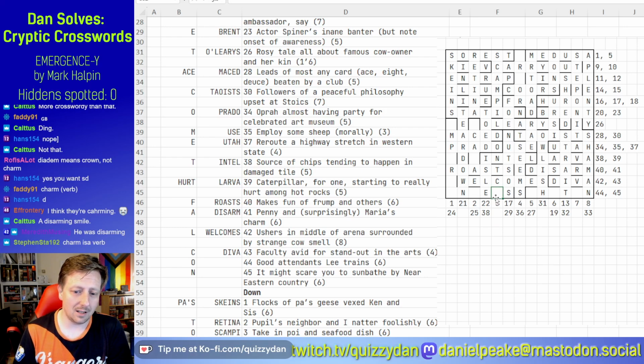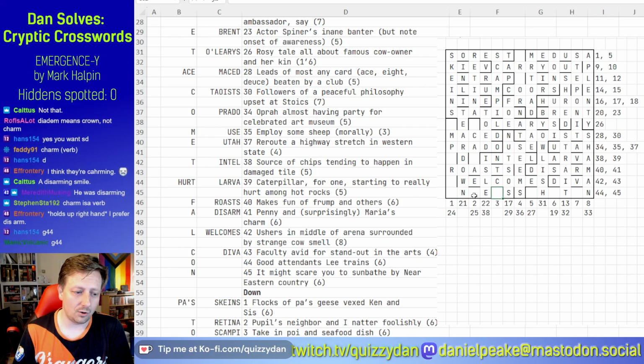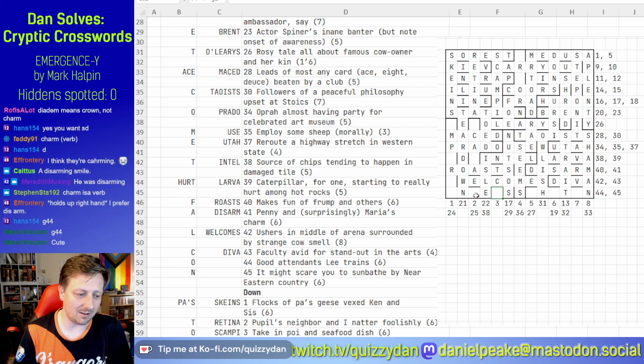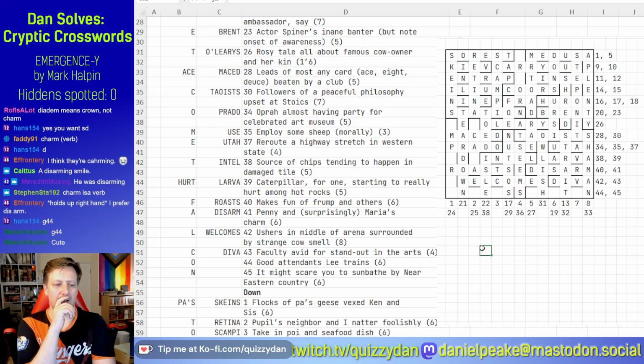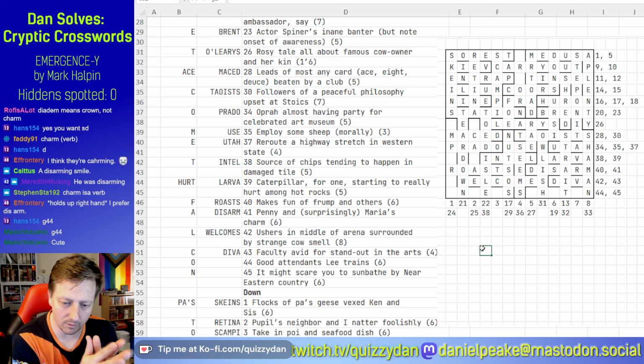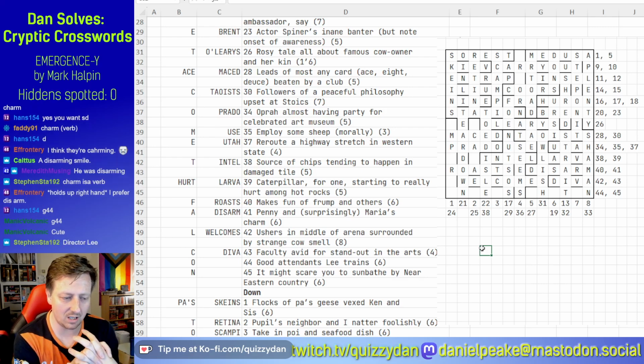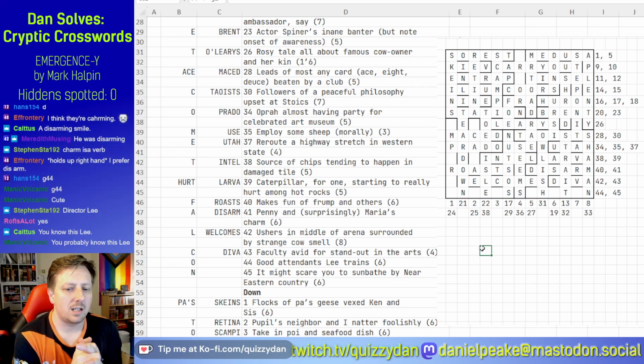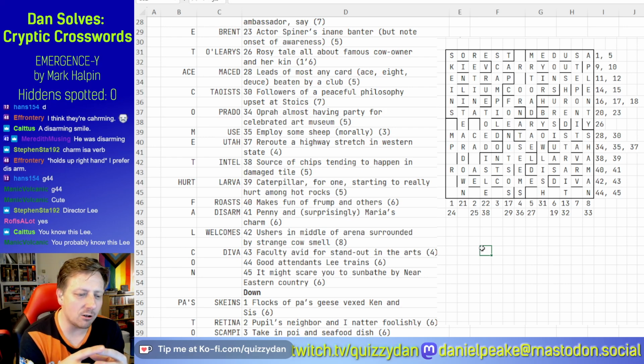Lee trains. Is it a hidden? Is there a famous Lee that I need to know? I don't think there is, but trains could be RY for railway, but there's nowhere for it to fit. So Spike Lee, Christopher Lee. Is it Spike? That's the only. Ang Lee.